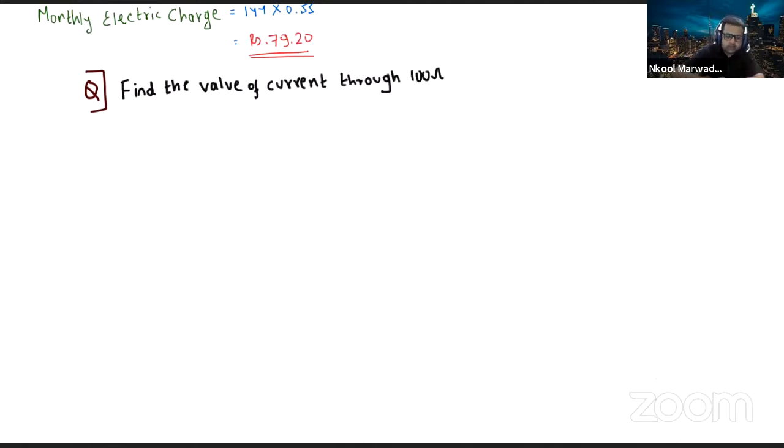So we have a circuit something like this, wherein I have a battery, a 100-volt battery. It is connected to some resistance, some more resistance. Here also we have resistance. Here also we have some more resistance.